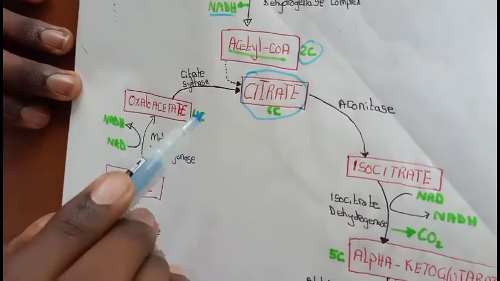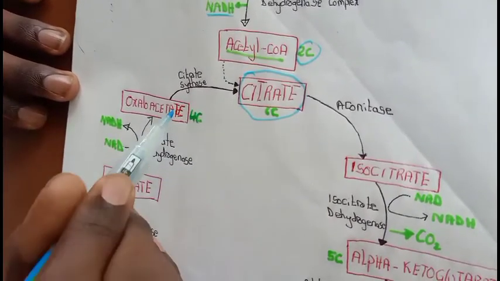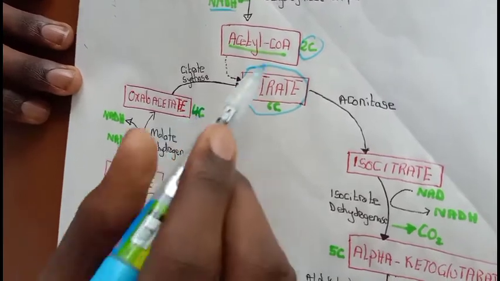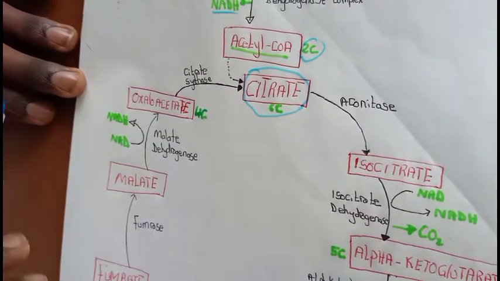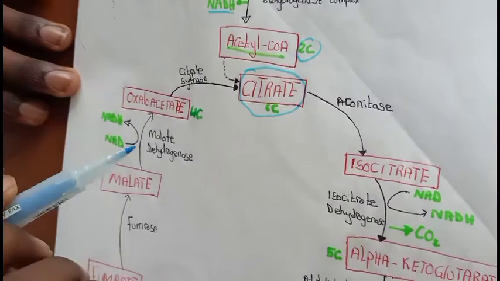This citrate will be having now 6 carbon, because if you add this 4 carbon plus 2 carbon, which will give a 6-carbon molecule.